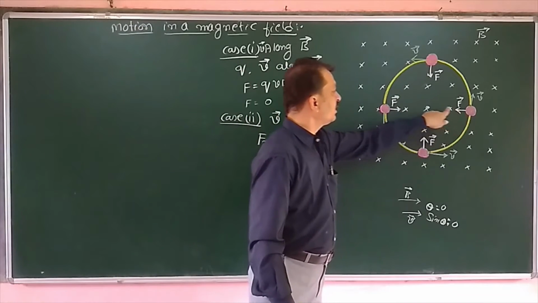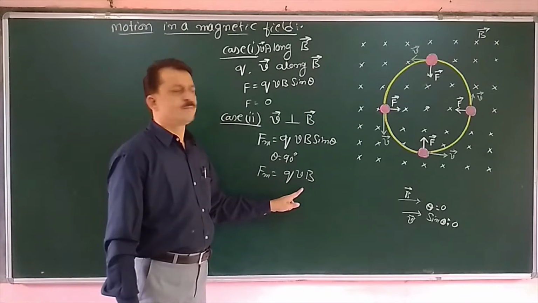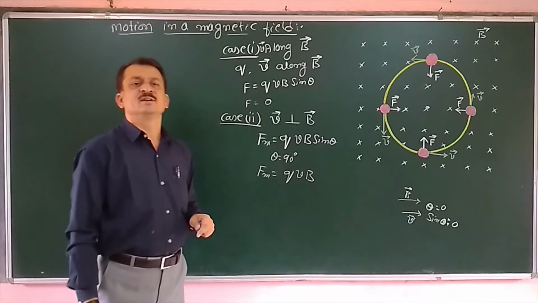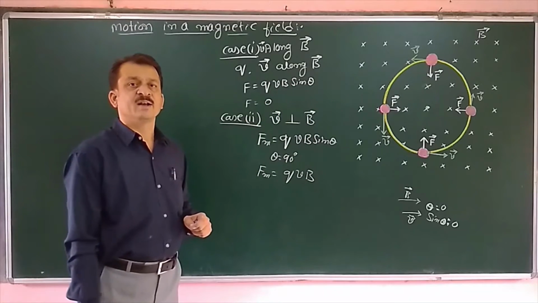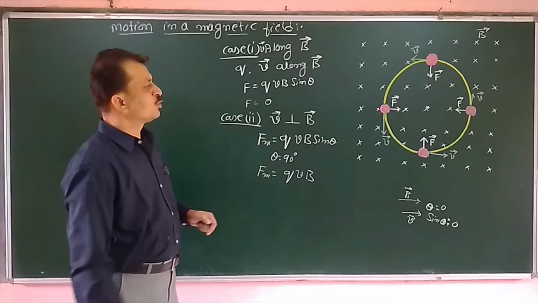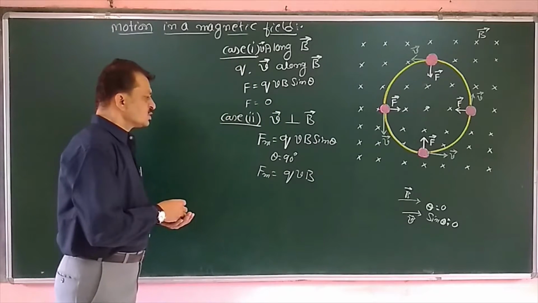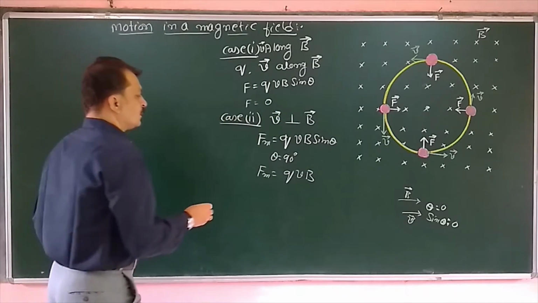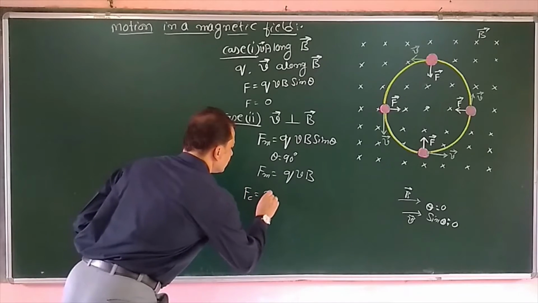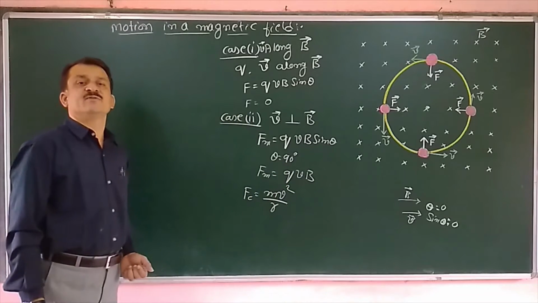here we have a magnetic force of magnitude qvB. In order to travel in a circular path, we require a centripetal force. We require another force. That force is the centripetal force, which is given by mv square by r, that we have studied in first PUC.